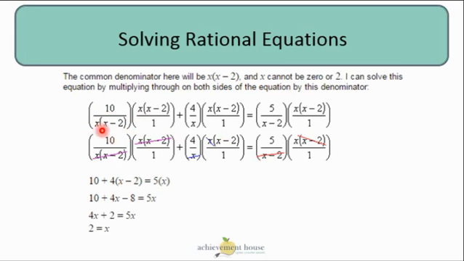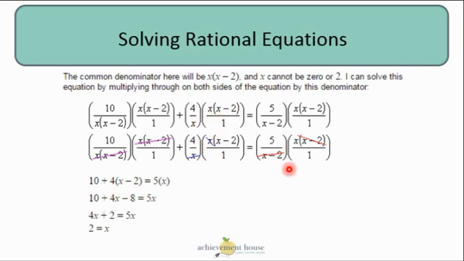So, for example, the 10 over x times x minus 2, well, it's got both factors in there. So both factors are now in the numerator and the denominator, so they're going to divide to 1, and I'm going to get 10. For 4 over x, I have a common factor of x in the numerator and the denominator, so they'll divide to 1, and I'm left with 4 times x minus 2.